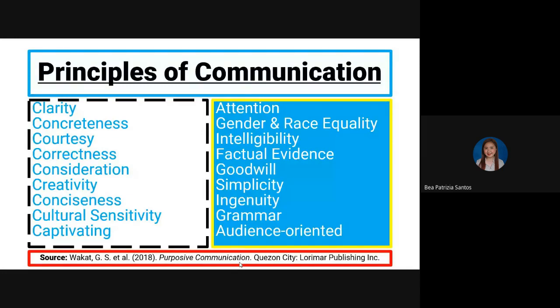Cultural sensitivity means being aware of the gender and race equality. Correct. And the last one, captivating. It means our communication needs to get the attention. Correct. Okay.